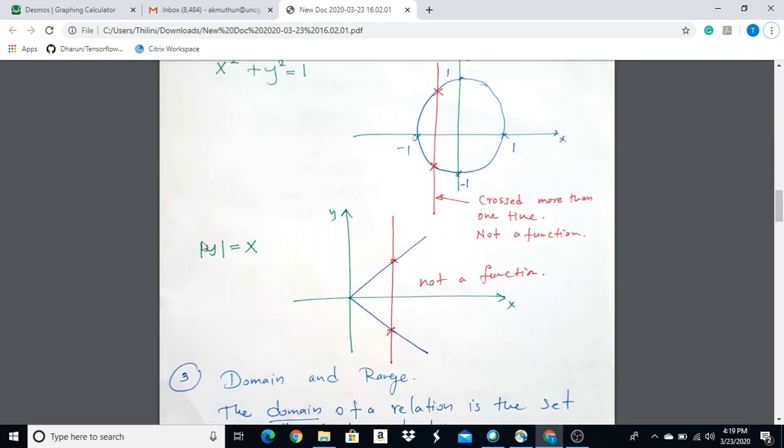And the same thing is happening here. This is the absolute value of y equals x. So this is the graph of this equation. This is not a function because if you draw a vertical line like that, it crosses more than one point, here and there. So this is also not a function.